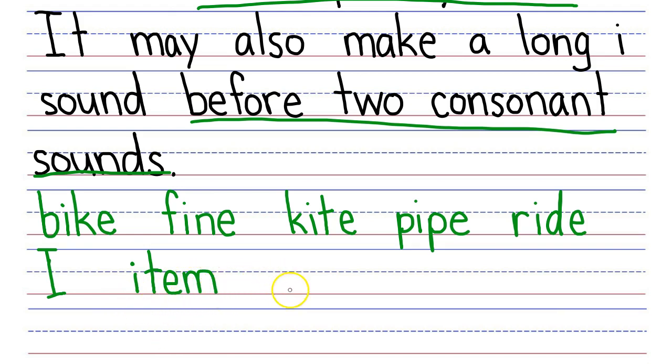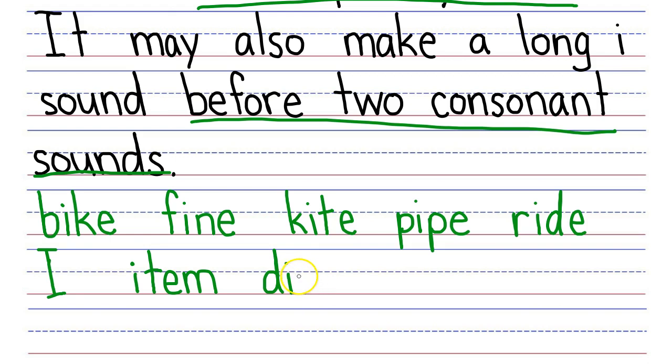Next word, direct. Now here we have two letters in our first syllable, a D and an I. The I is a vowel, so this is an open syllable. So the I makes its long I sound, D-I.